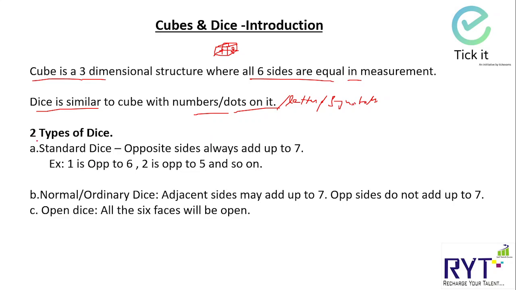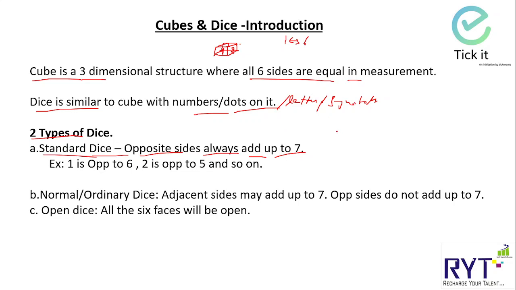Now what are the different types of dice? Majorly two types. One is called a standard dice, wherein opposite sides always add up to 7. What does it mean? For example, if one side has 1, the opposite side will be 6.